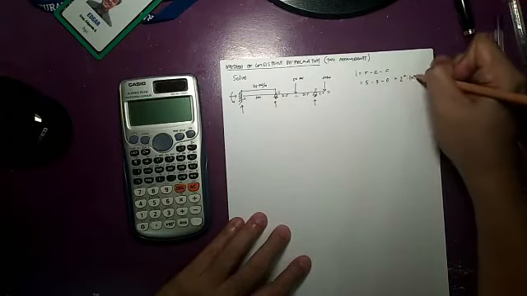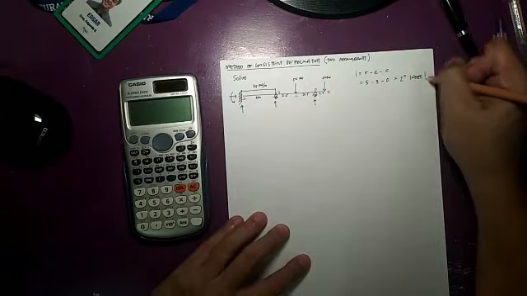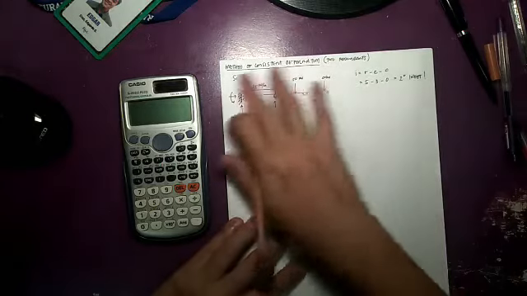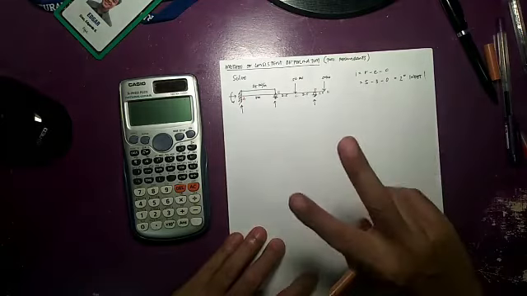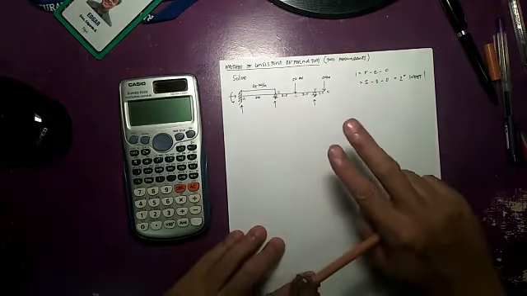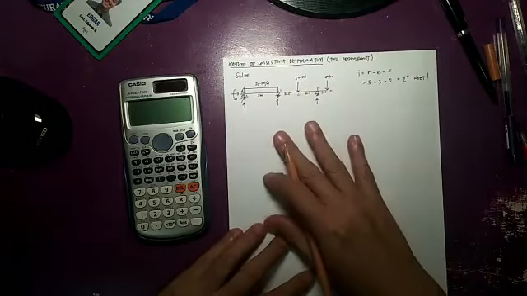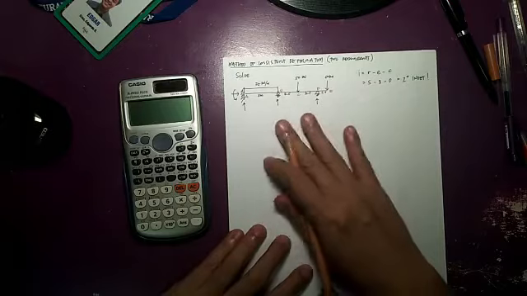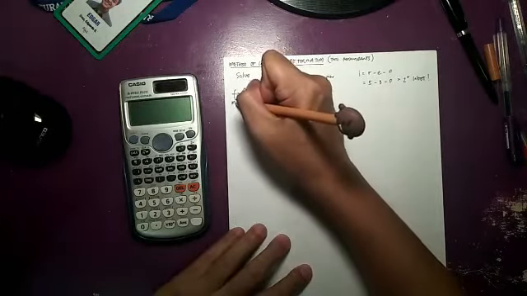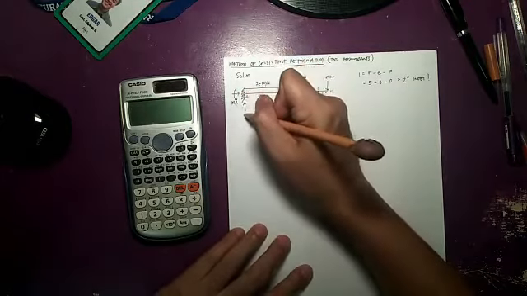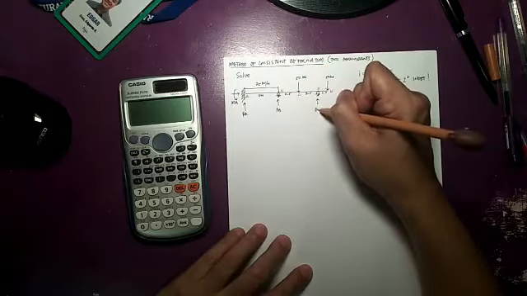Second degree indeterminate. Of course, for second degree indeterminate, we cannot solve the reactions of this beam by statics alone. So we have to generate two compatibility equations to be able to solve for the reactions, or that is the two redundants. For this beam, what are the possible redundants that we can consider? We can consider MA as redundant, so we have RA, RB, or RD.